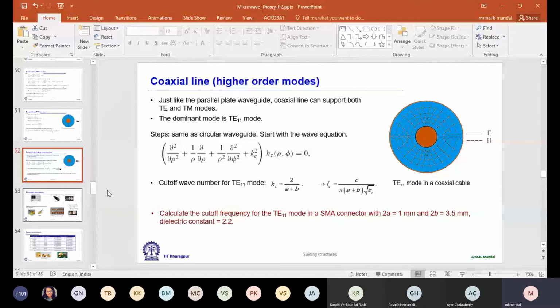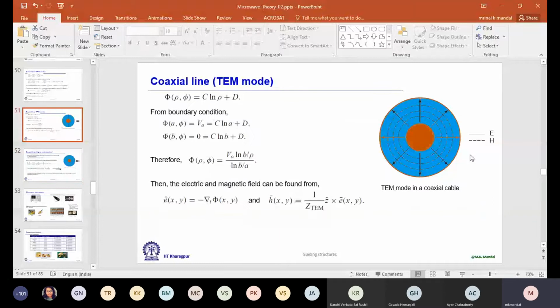Well, so I'm coming to the plots directly, the electric field and magnetic field distributions for the TEM mode. If you look carefully at the figure, the electric field lines come from one conductor to another conductor, so inner conductor to outer conductor. And what about the magnetic field lines? We have two pieces of information.